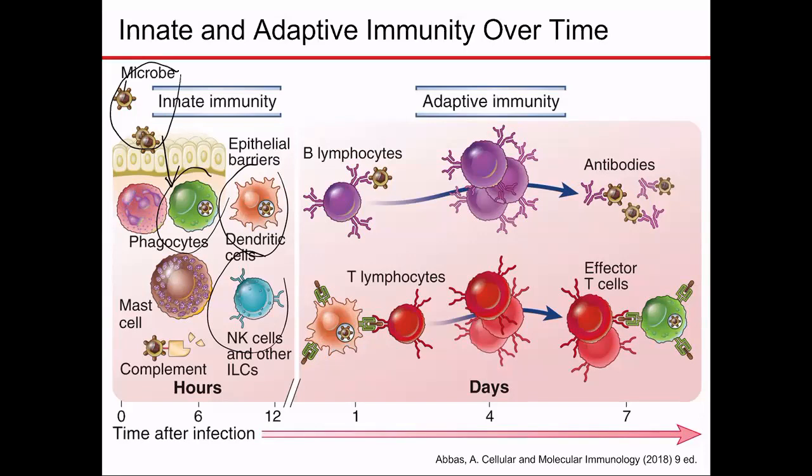At the same time, other components of the innate immunity, like complement, like phagocytes, will try to contain that infection. And this is something that is going to happen very quickly. You know, the innate immunity is a fast response. So we're talking about hours, all this process is happening.